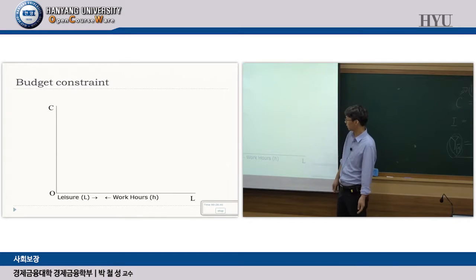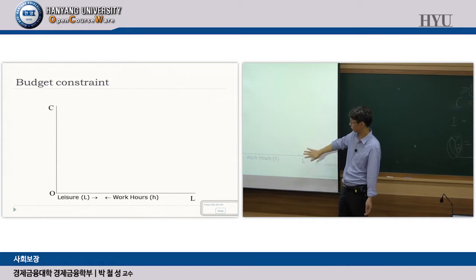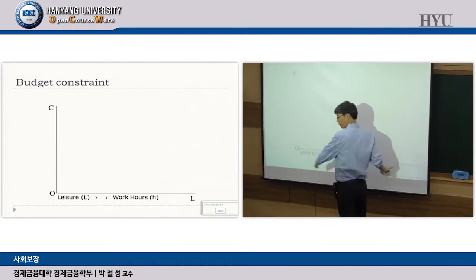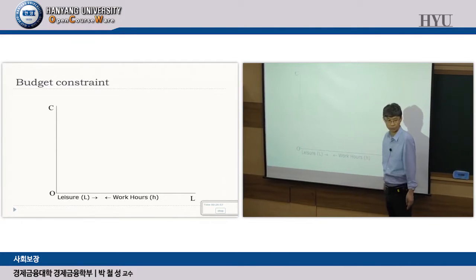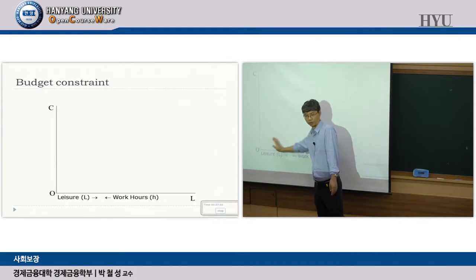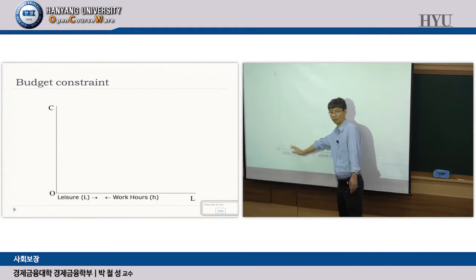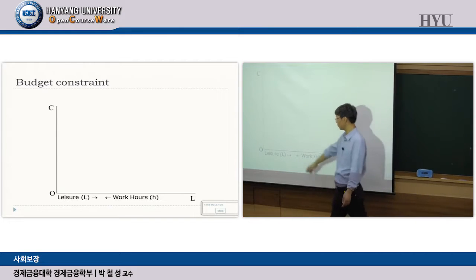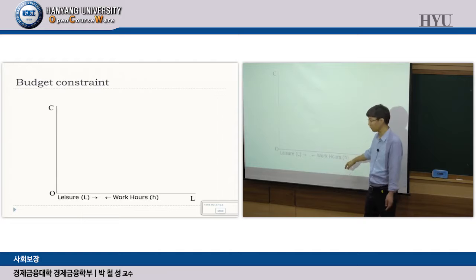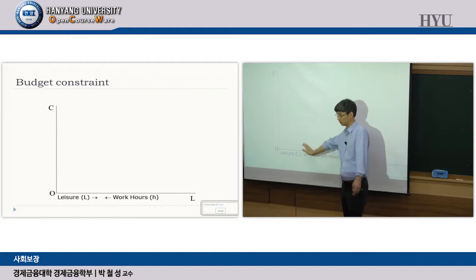This is a firmly established convention in economics. L always gets the horizontal axis. If you move from left to right, leisure increases. If you move from right to left, working hours increase. So if you want to count the number of leisure hours, you do it from left to right. If you want to count the number of working hours, you do it from right to left.